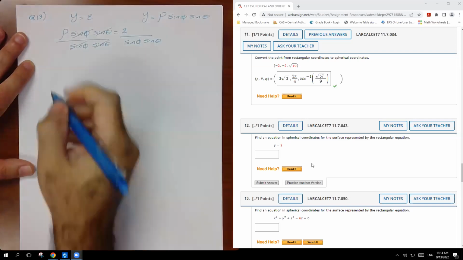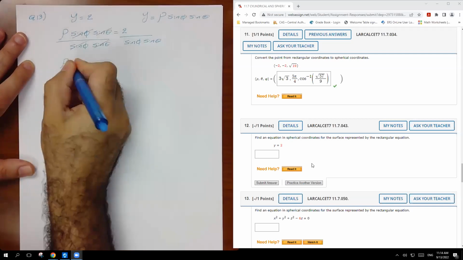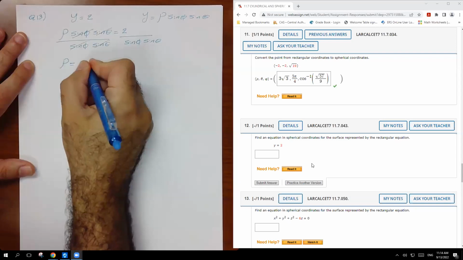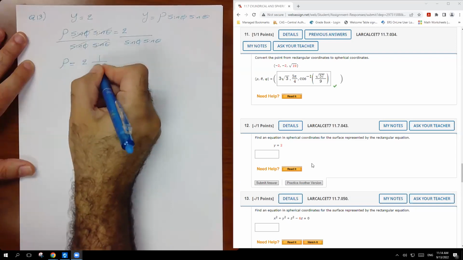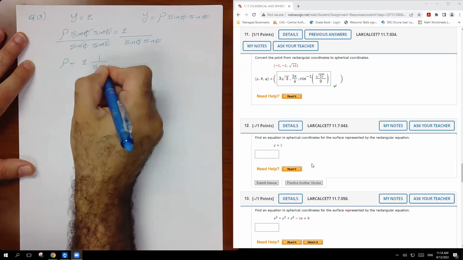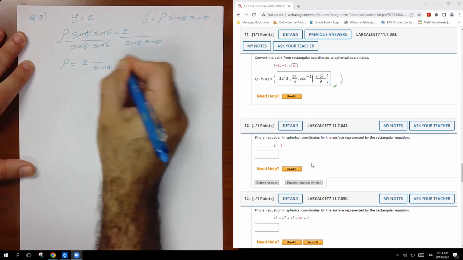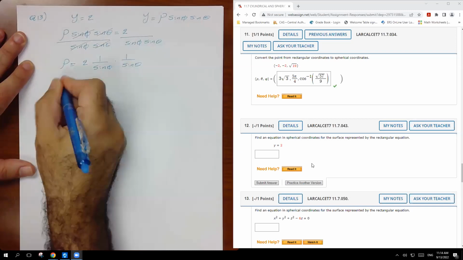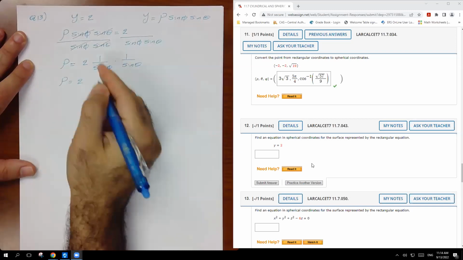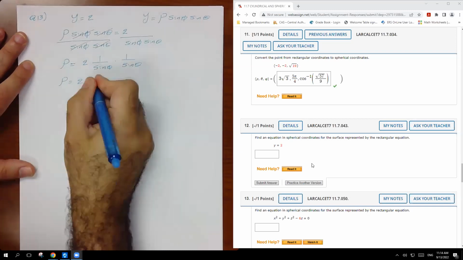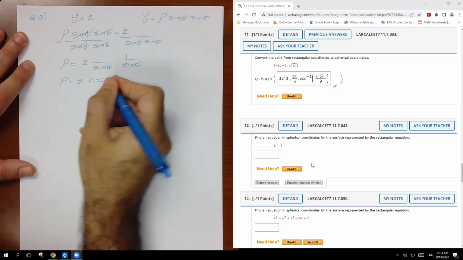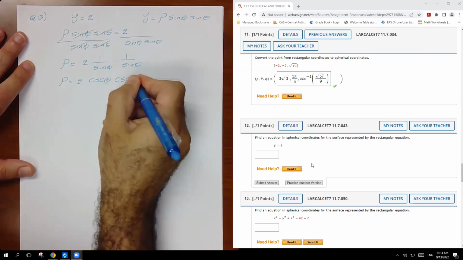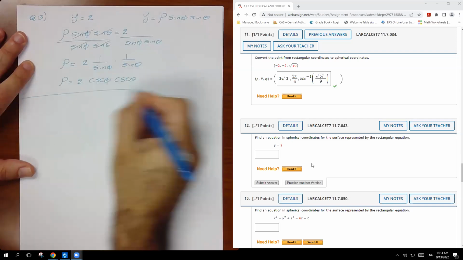So rho equals 2 times 1 over sine phi times 1 over sine theta. 1 over the sine is cosecant. That's it for this example.